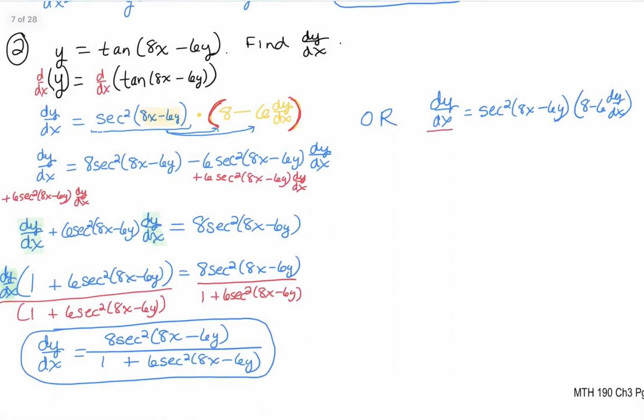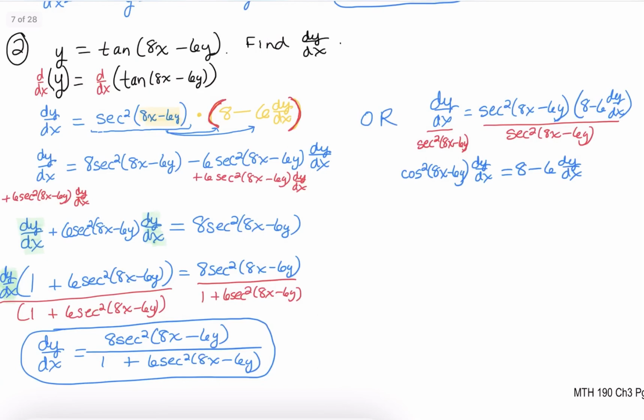You could have said, I am just going to divide both sides by secant squared of 8x minus 6y. Now, if it was me, I would probably write that left-hand side rather than dy dx divided by something. And since it's secant, 1 over secant is really cosine. So at that step, it would look a lot nicer to write this as cosine squared dy dx. And then on the right-hand side, you just have your 8 minus 6 dy dx.